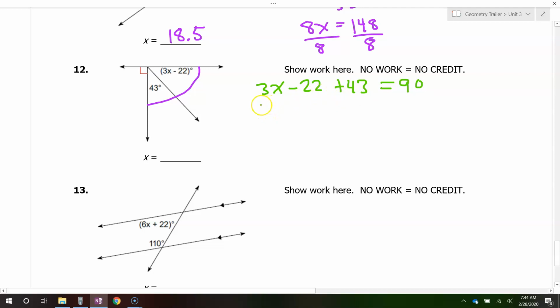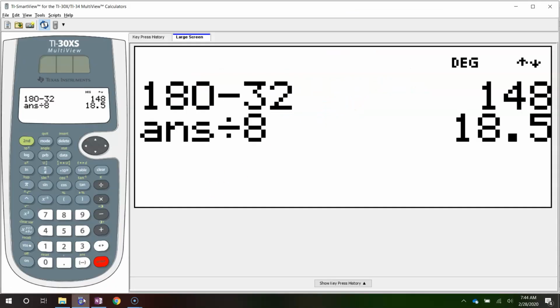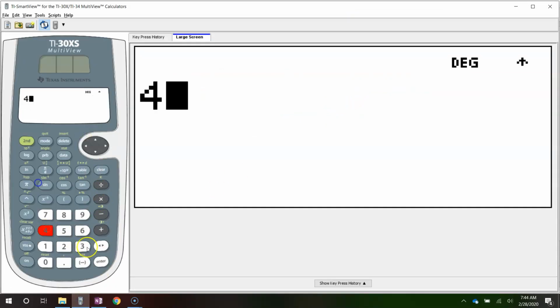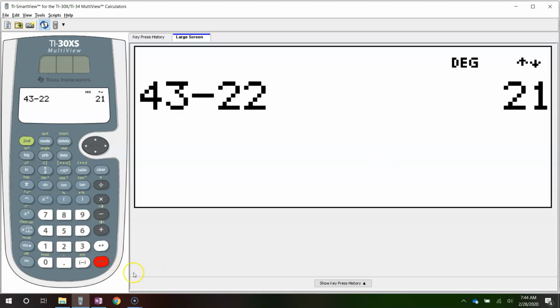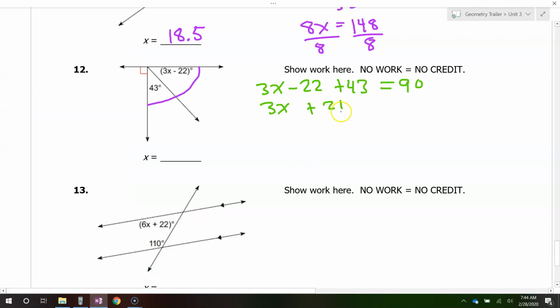Let's combine these like terms. All right, so this is going to be 21, right? Because we're just doing 43 minus 22. So that makes 21 is equal to 90.